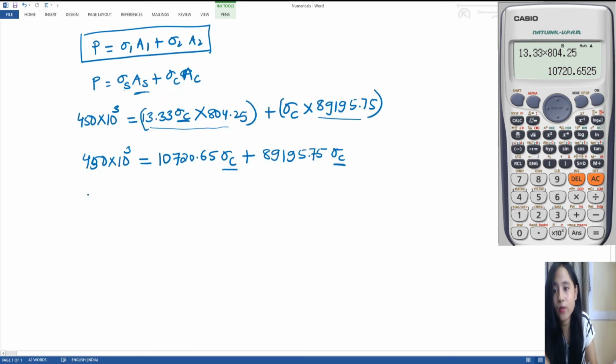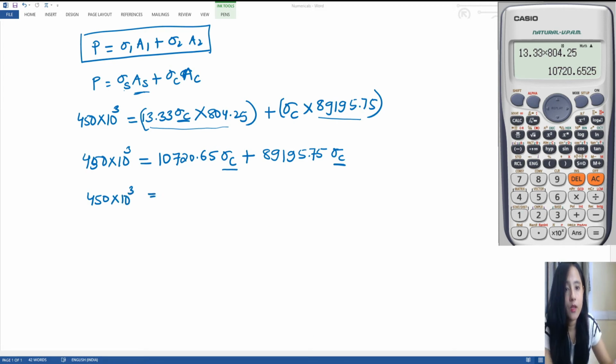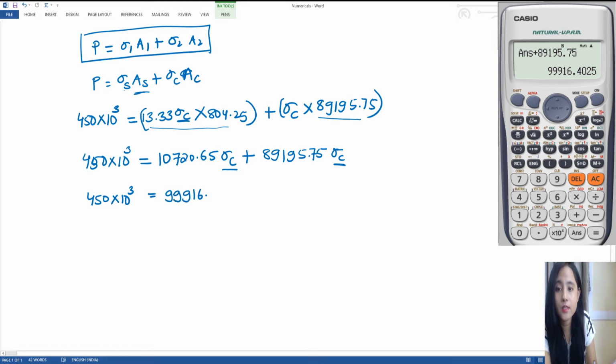So adding these two up, we will get 450 into 10 raised to power 3 will be equal to 99,916.4 sigma C. So now from here we can find the value of sigma C.